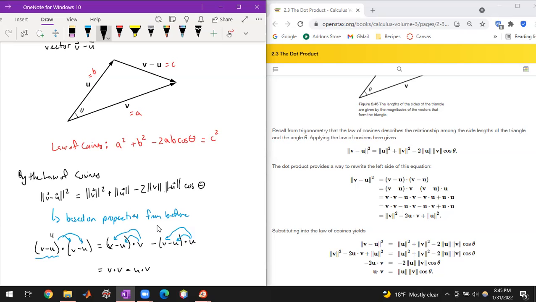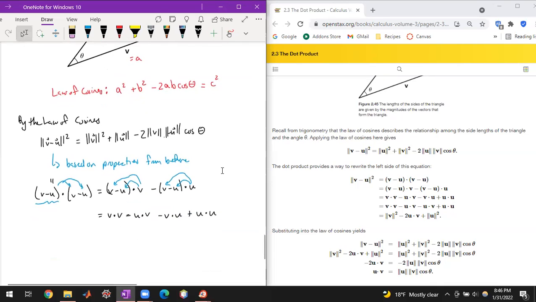Then we will distribute this u in to get minus v dotted with u, and then we distribute the u to the u to get plus u dotted with u. All right, so this is by our distributive and associative properties.